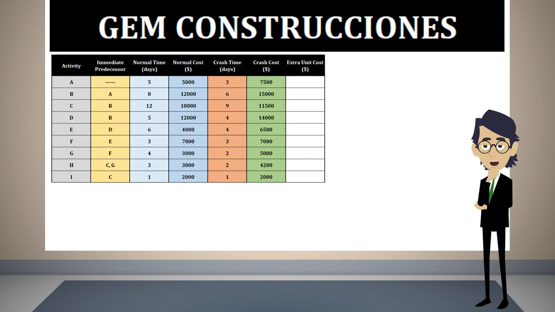The last column indicates the cost for each day that the activity is crashed. In the case of activity A, the additional cost is $2,500, and it will be finished 2 days earlier. This means that the cost of each day of reduction represents a cost of $1,250.